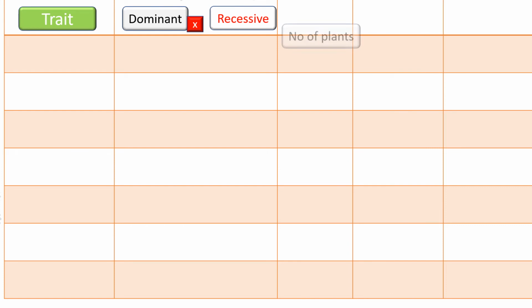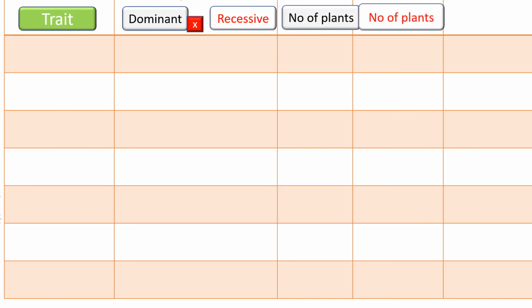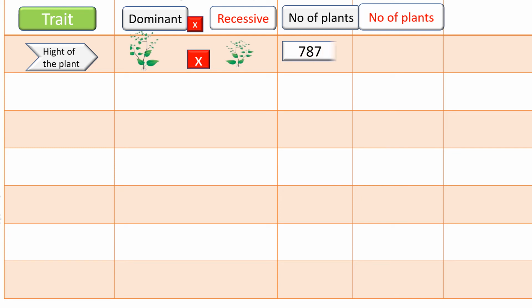Summary of Mendel's results of monohybrid crosses. Trait, dominant phenotype, recessive phenotype, number of plants with the dominant character, number of plants with the recessive character. Height of the plant: tall plants, dwarf plants, 787 tall plants, 227 dwarf plants.